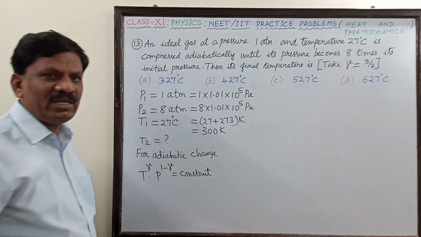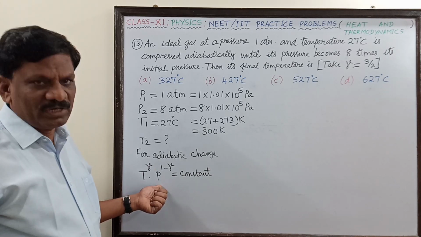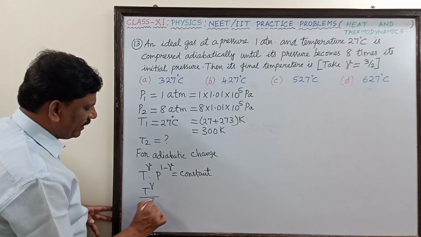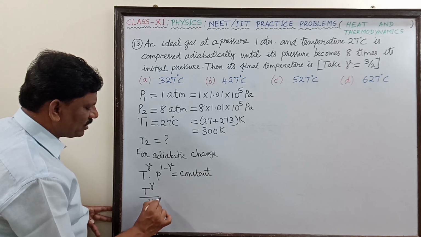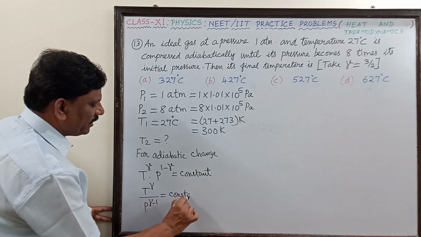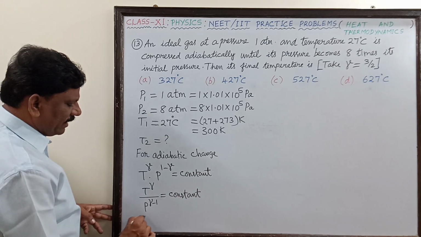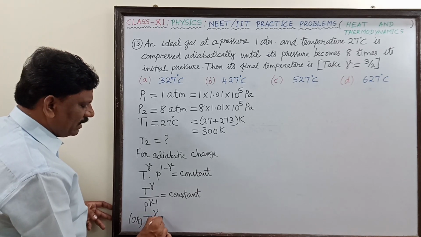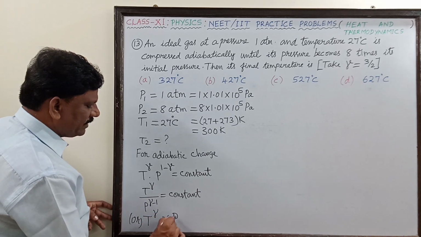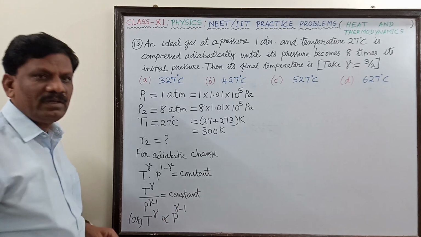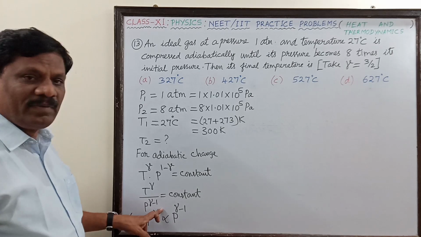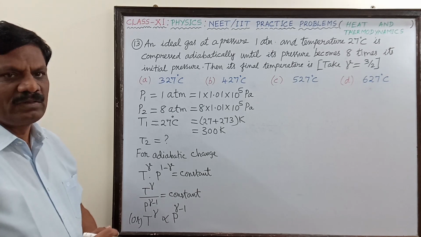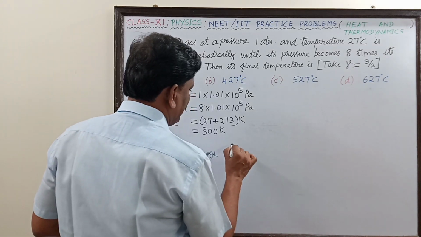Or I can write T raised to the power gamma divided by P raised to the power gamma minus 1 is equal to constant. Or T power gamma is proportional to P raised to the power gamma minus 1.